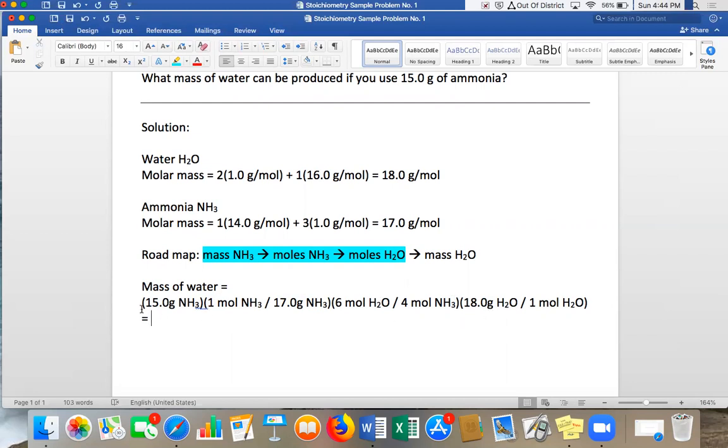So mathematically, I'll do this in my calculator as I talk through it. We're going to take 15.0 and divide by 17. Then you're going to multiply by 6 and divide by 4 and multiply by 18. And that's it mathematically.